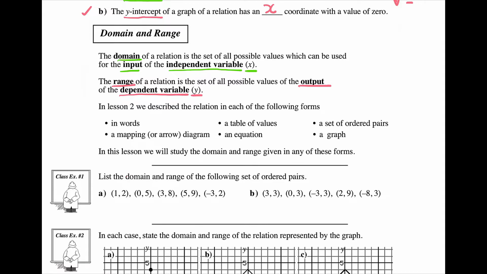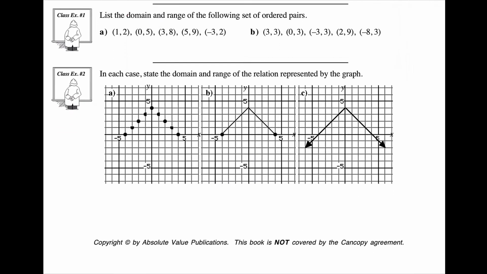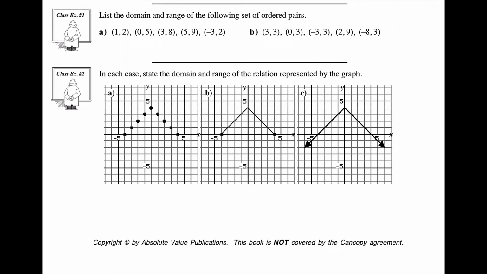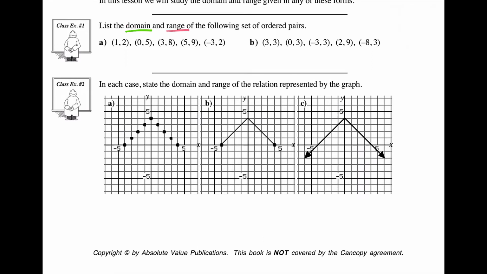So let's jump down here to class example 1. It says list the domain and the range of the following sets of ordered pairs. Remember that x is the domain and y is the range. And remember, in a set of ordered pairs, the x comes first, followed by the y.